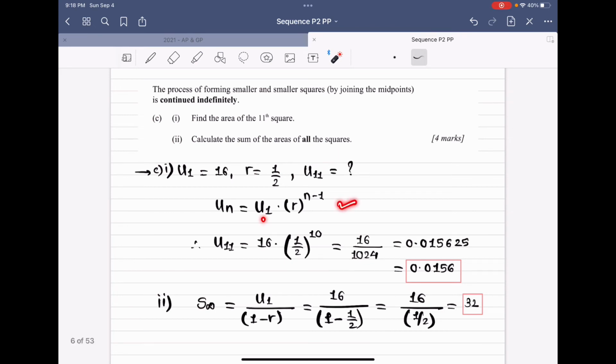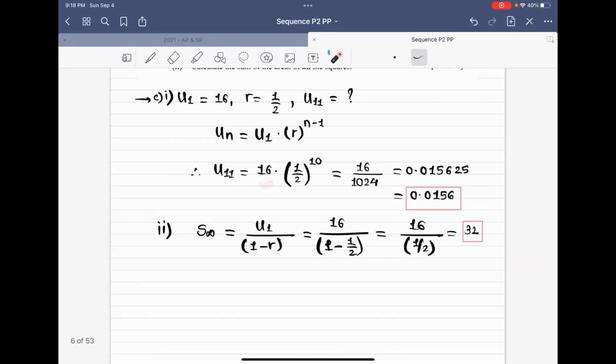un is equal to u1 times r raised to n minus 1. un is my u11, so n is 11. So here 11 minus 1 is basically 10. u1 is 16 as it is. r is 1 by 2 as it is. 16 I am keeping as it is. 1 raised to 10 over 2 raised to 10. 1 raised to 10 is 1, 2 raised to 10 is 1024.